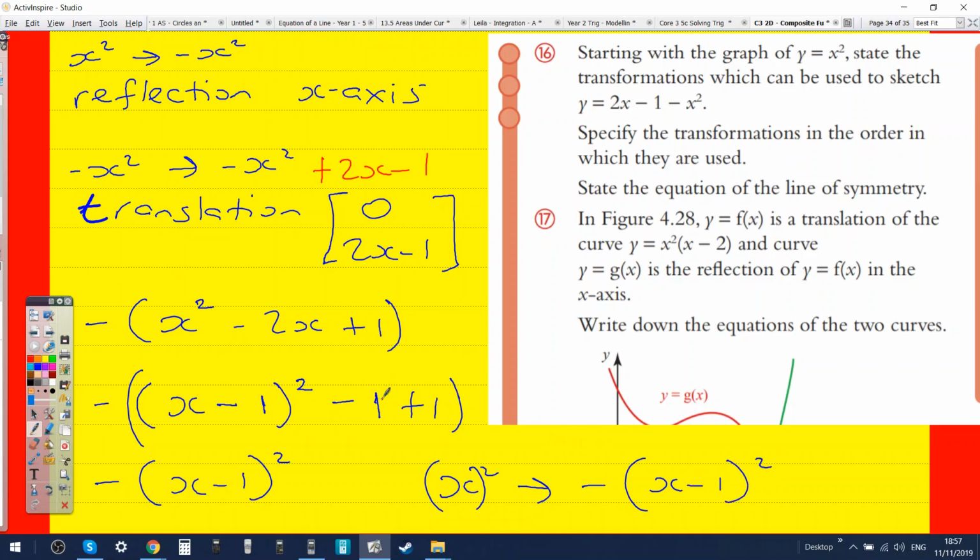And so the negative is not next to the x, so it's in the y direction, so the x-axis. And x became x plus 1. So it's a translation to the left in the x direction. Translation to the right.